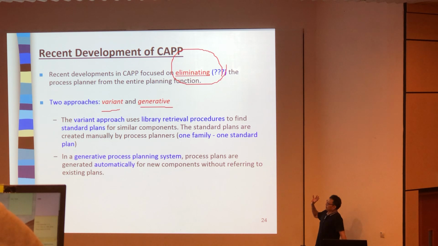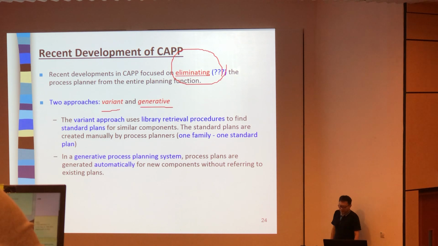And the second approach is, in a way, ideal. The generative approach. In this approach, the system does not care about whether the new part is similar to whatever was produced before. We simply treat every incoming part as a new component, a new part.